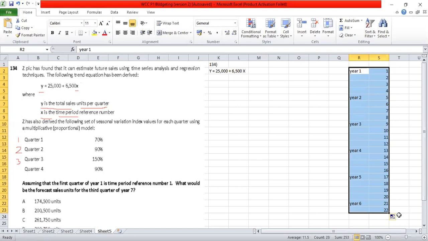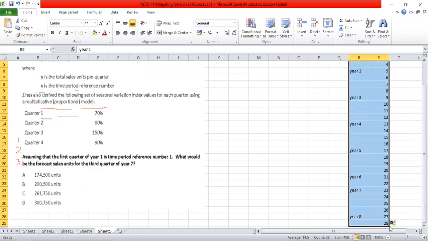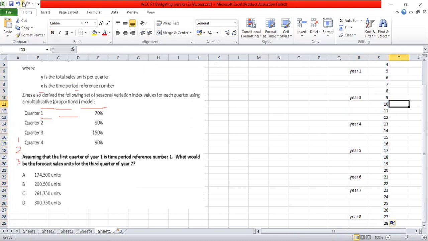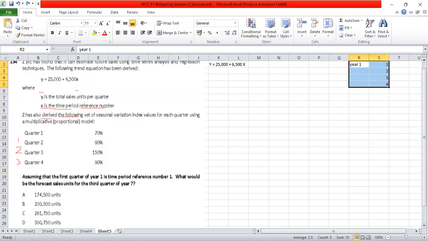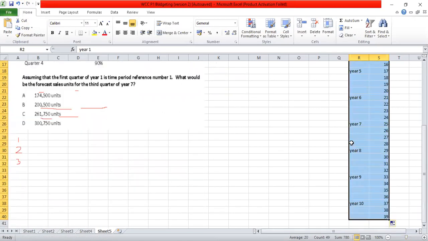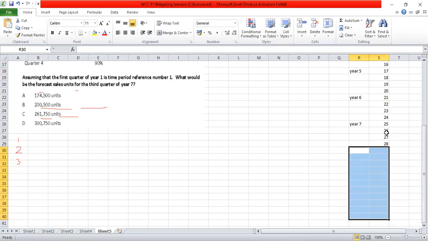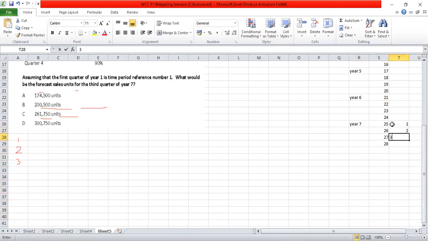We want it till year 7. At a stretch, I will drag it. Then we get year 7, 1, 2, 3. So this is year 7, 1, 2, 3. So year 7, quarter 3, the reference number will become 27.